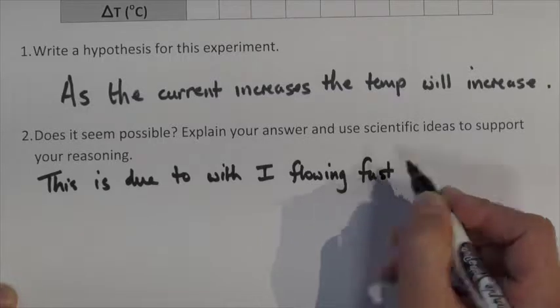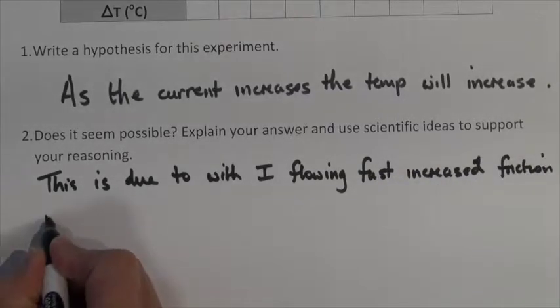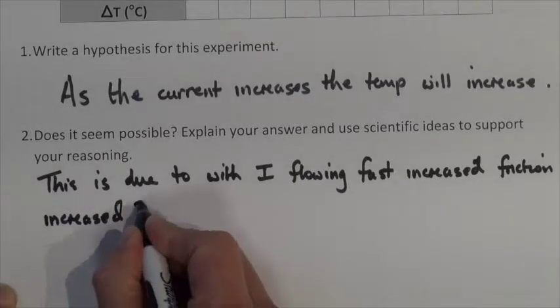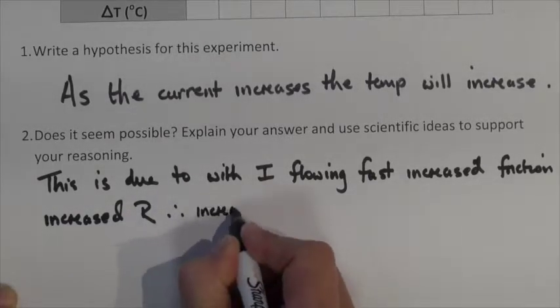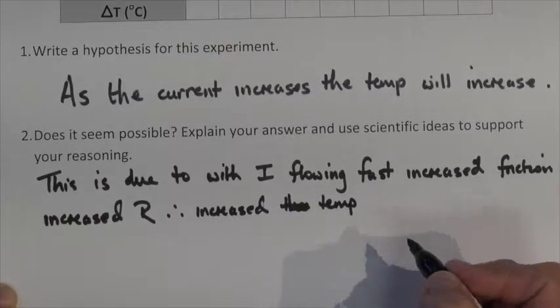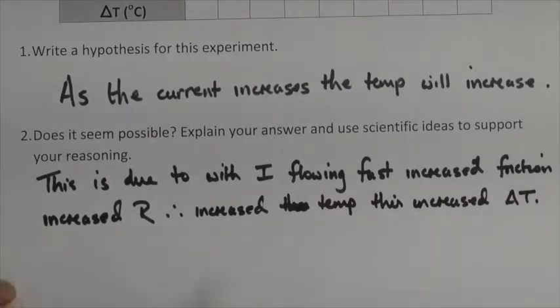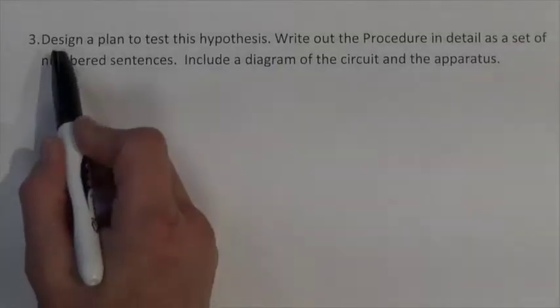More resistance means that the electrons are finding it difficult to get through. We get increased friction as the electrons go through, which links to the resistivity of the wire, and causes an increase in the temperature. Thus, as a result, we get an increase in delta T, or the temperature rise.